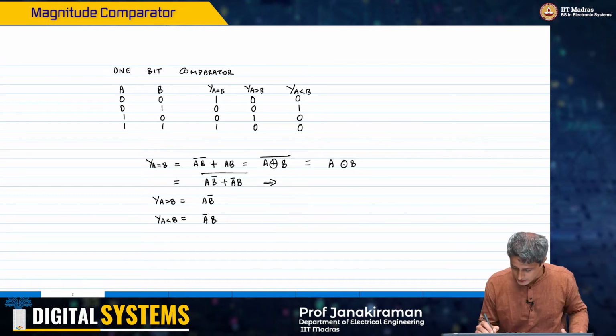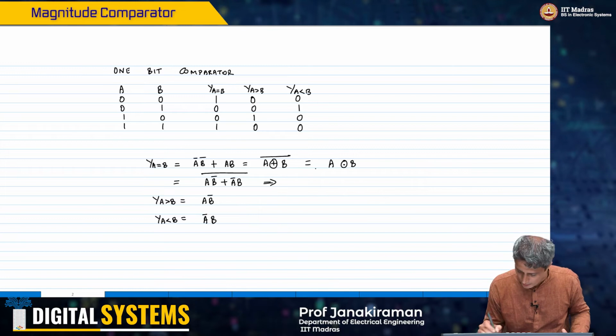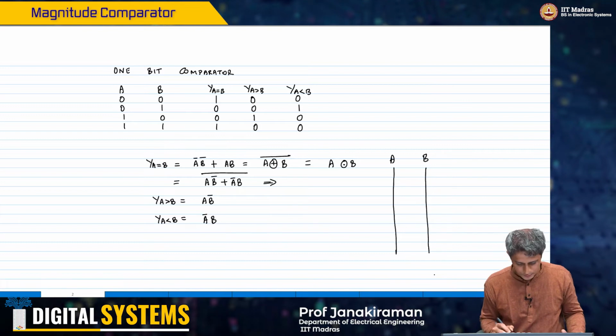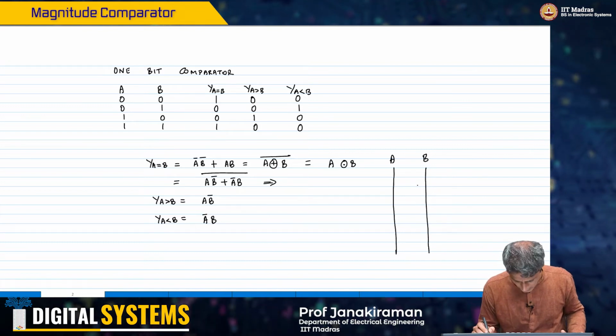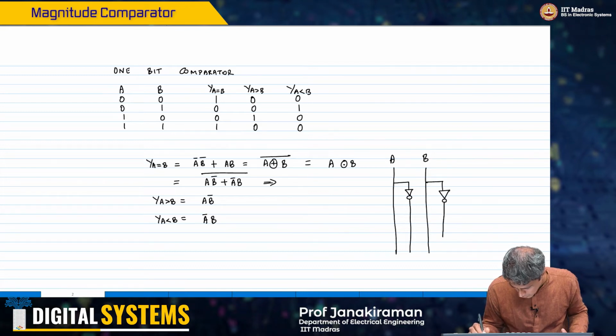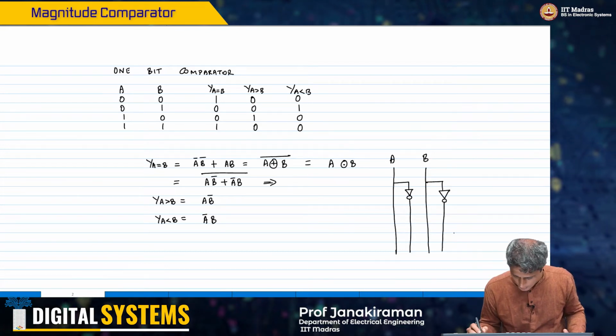So therefore, this implementation that we have, if you look at this, is actually very straightforward. You take A here and then you take B, okay? Then I'm going to now generate two things. Okay, A bar.